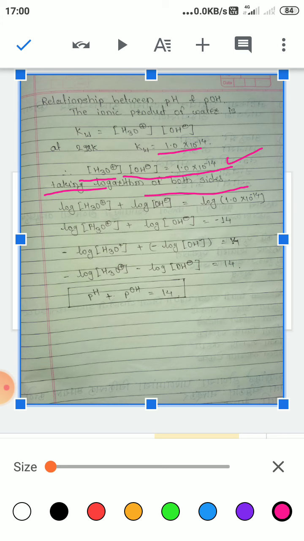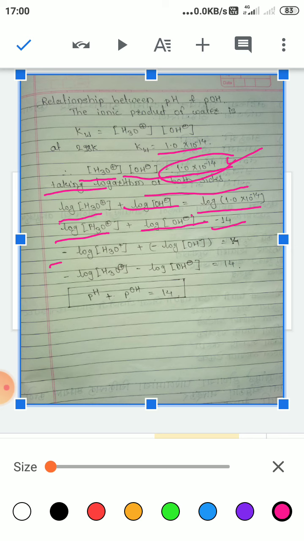Now we have taken a log of both sides. Then the equation became log of H3O+ ion plus log of OH- ion is equal to log of 1.0 into 10 to power minus 14. So it became log of H3O+ plus log of OH- is equal to minus 14, which is the log of 1.0 into 10 to power minus 14.